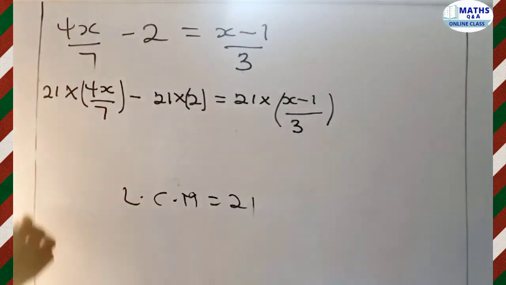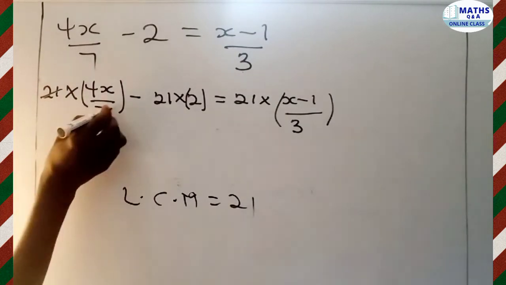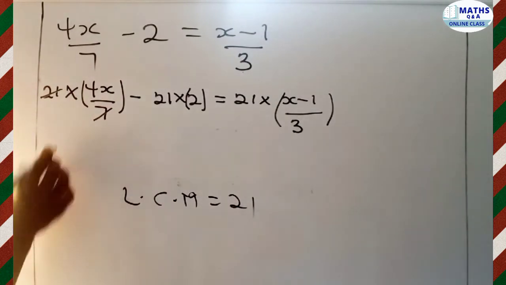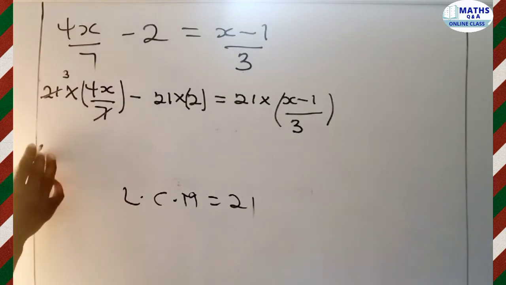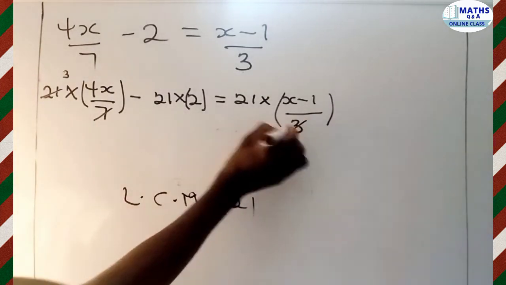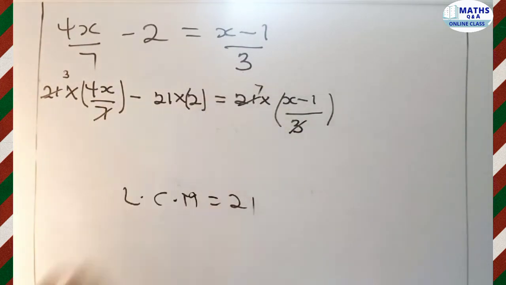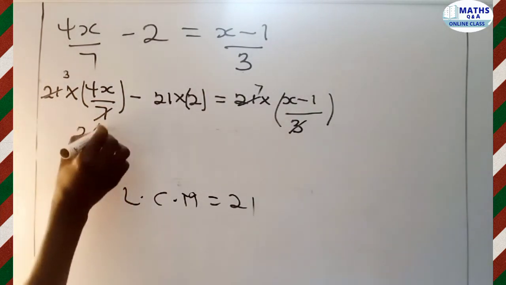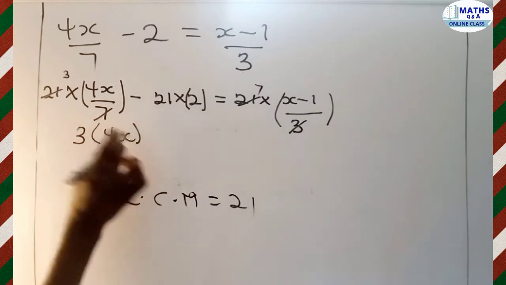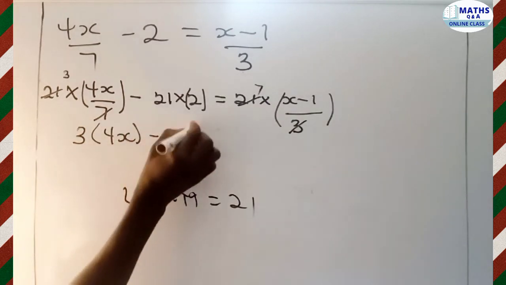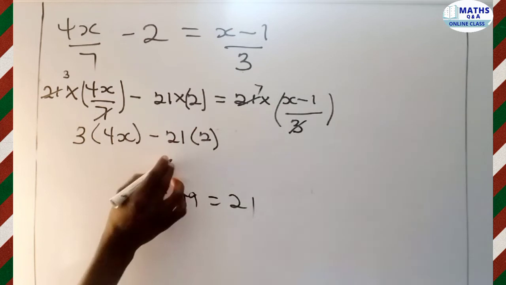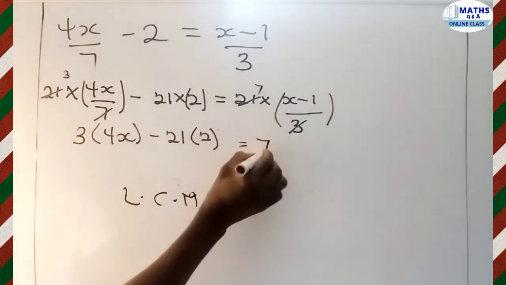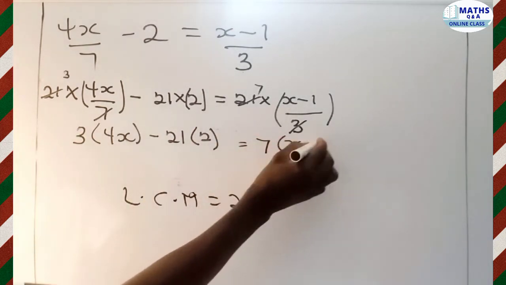Now here 21 divided by 7 gives us what? 3. So 7 divides 21 three times. We also come here, 3 divides 21 how many times? 7. So now what's left here is 3 multiplying 4x, minus 21 multiplying 2, which is equal to 7 multiplying x minus 1.